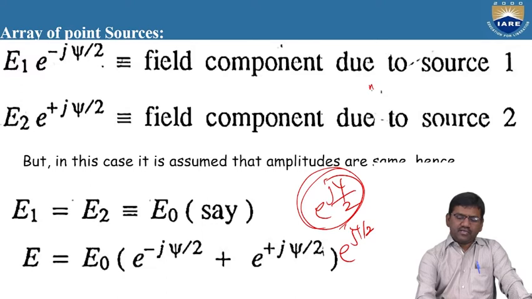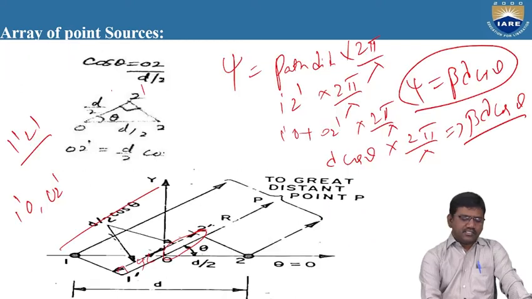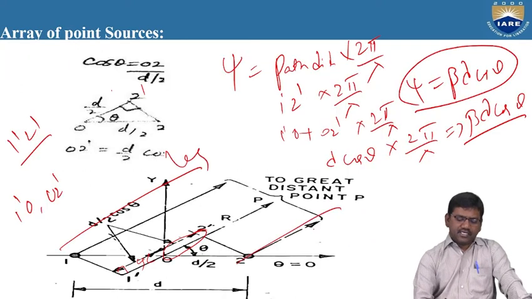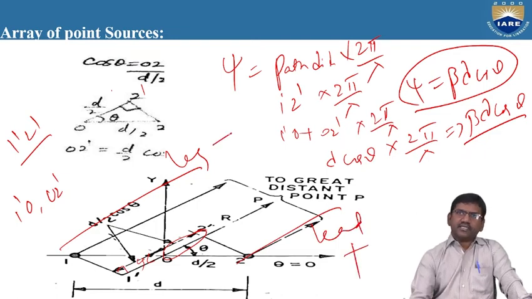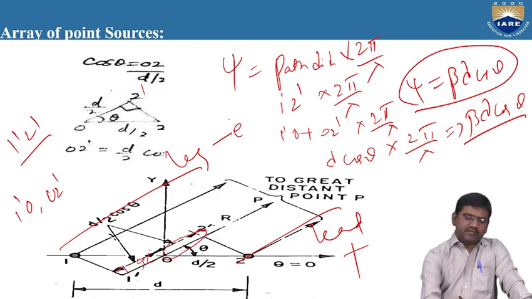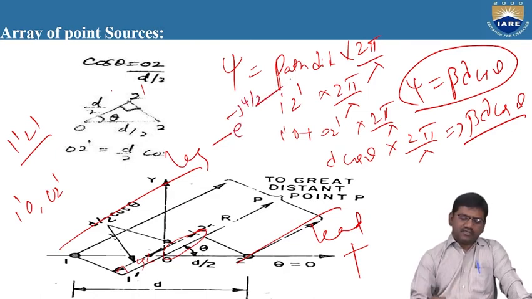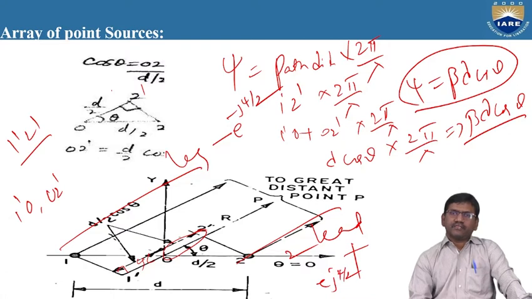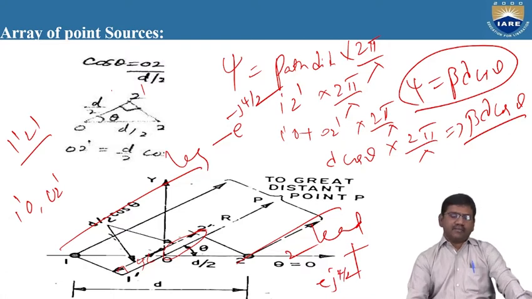You can observe here this is lagging and this is leading. Leading means positive, lagging means minus. So for the waves produced by point source 1, which is lagging, we can write e power minus j psi by 2. As the waves produced by point source 2 are leading, we can write e power j psi by 2, with a positive sign.